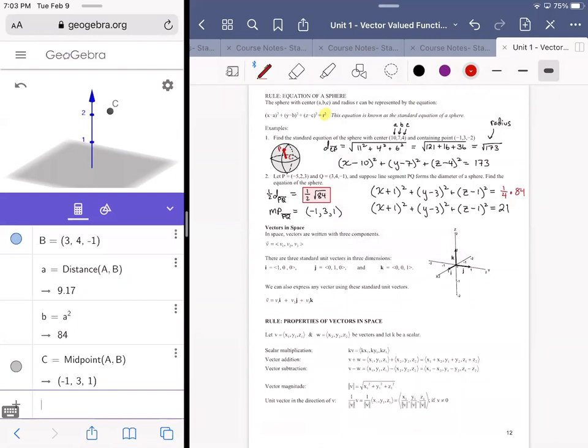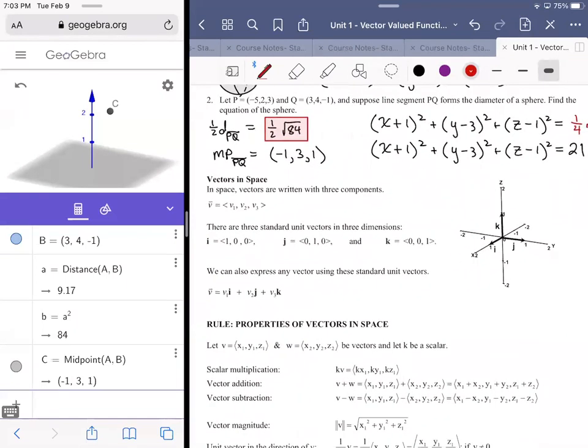So I'll just show you really quickly because it's not difficult. It doesn't take long. But for example, if you have a vector, oh, that's not too thick. Let's say a vector V is equal to 1, 2, 3.